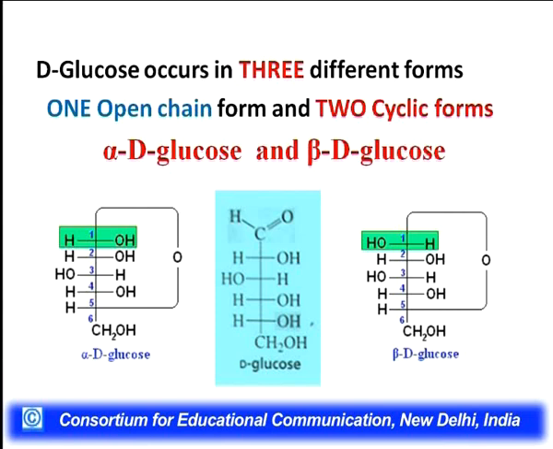Here I have shown the Fischer's projection for the open chain glucose, and then this is the alpha D glucose, and this is the beta D glucose, which results due to cyclization of the open chain. We shall very soon see how this cyclization reaction takes place and why it takes place.